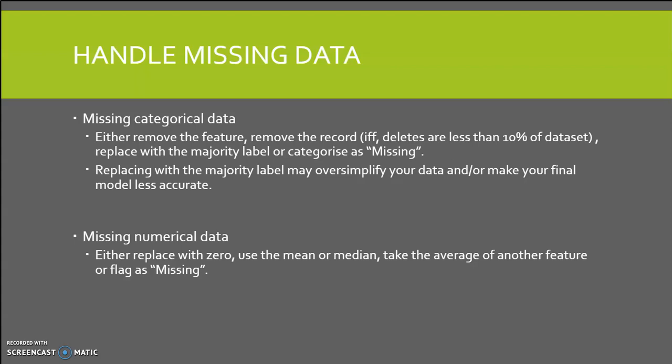And the learning algorithm will not have enough information to identify the minority of the labels. Now if the data is numeric, you can choose to replace it with the median or the mean or the average, or just mark it as missing.